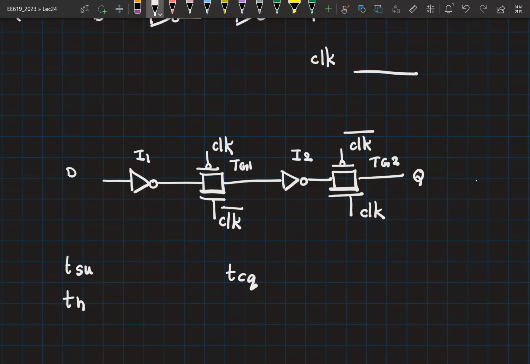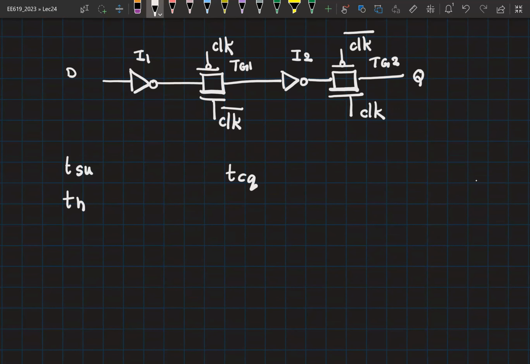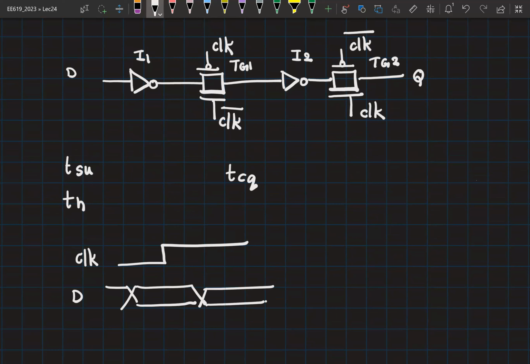So you have your clock edge like this. You have a data that is changing as shown here. And you expect this change to cause an edge at the output.